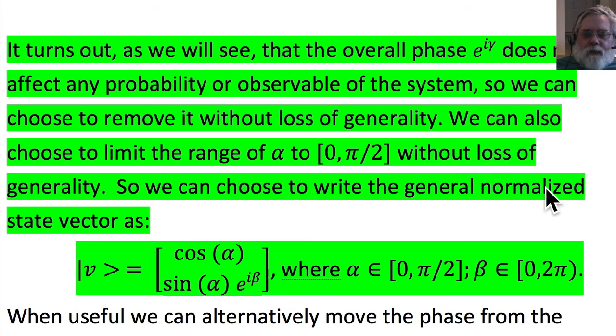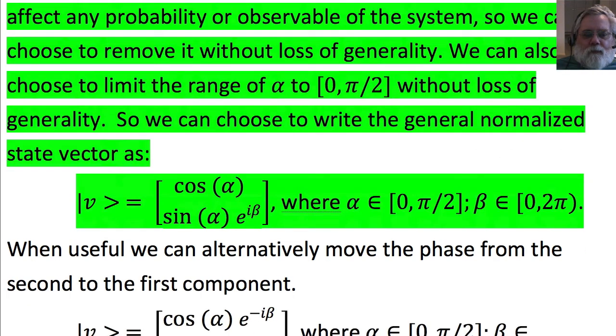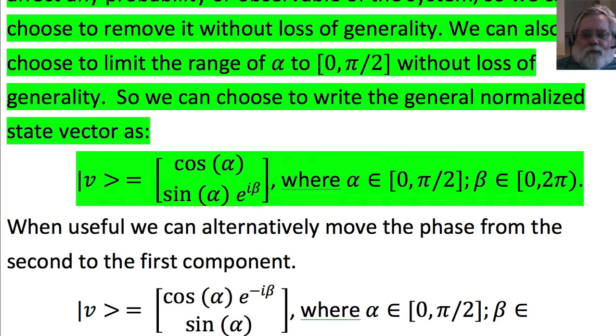So we can choose to write the general normalized state vector, knowing that we don't care about the overall phase, as ket v. Now this is actually a new ket. I could have called it ket w or whatever, because I have changed the overall phase, but I know it's equivalent. So this ket is physically equivalent, quantum mechanically equivalent, to the earlier ket v, even though mathematically it's not identical, because I have removed the overall phase term.